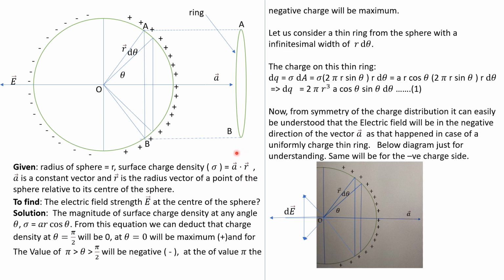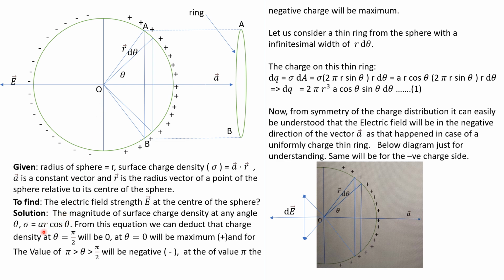Now if we focus on this equation, a dot r will be a r cos theta. So when theta is equal to 0, the charge density will be maximum, because a is constant, r is constant, and cos 0 is 1. In the same way, when theta is pi, the magnitude of the charge will be maximum because cos theta is minus 1.